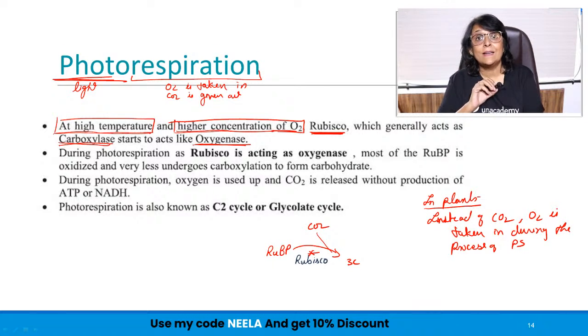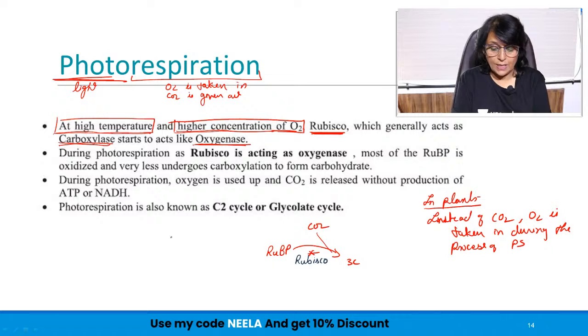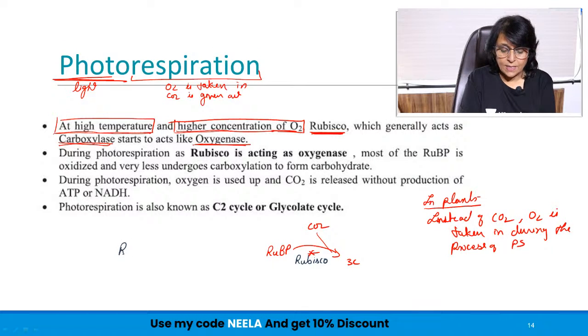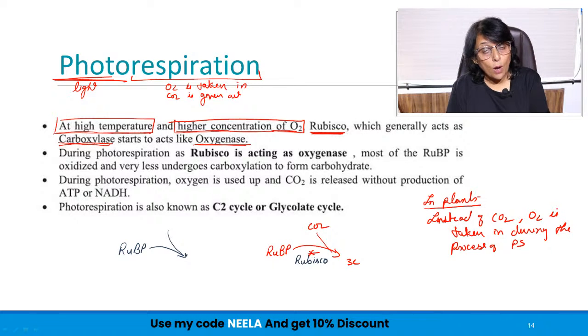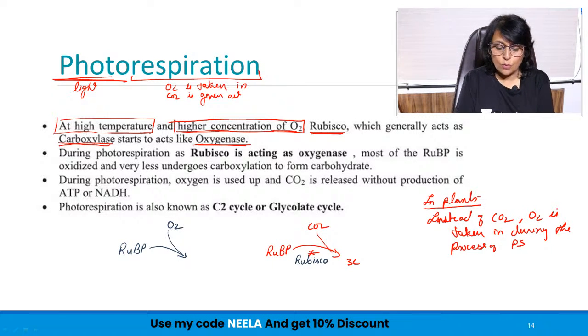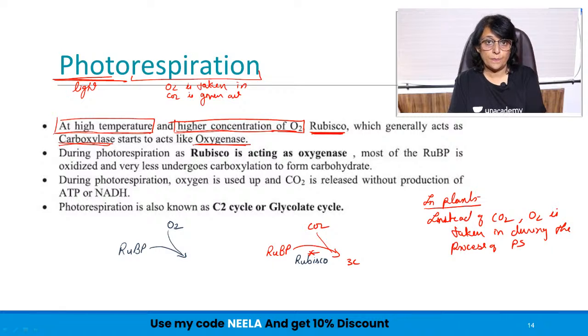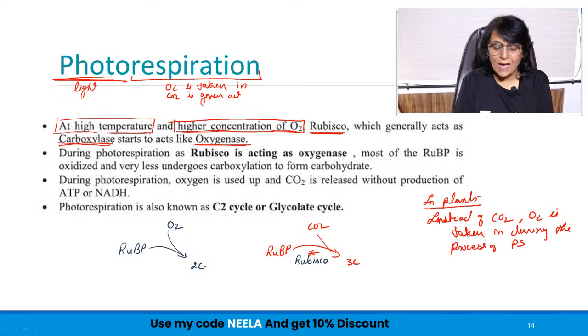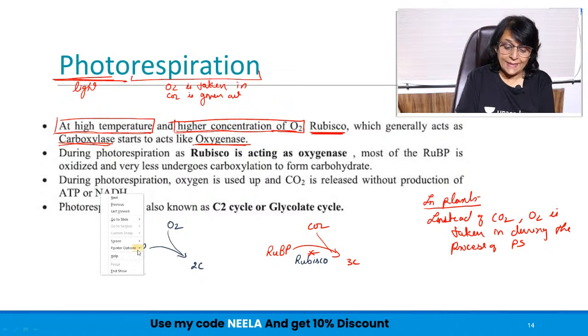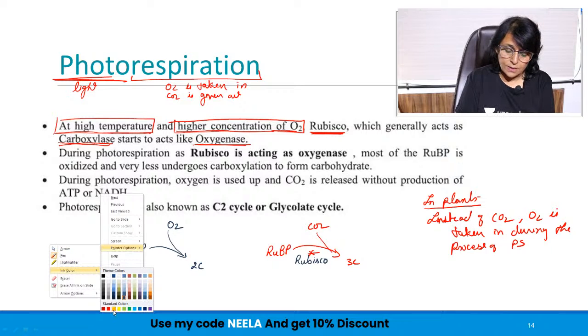If the conditions change, in that case RuBP, instead of undergoing carboxylation, undergoes oxidation. And here a 2-carbon compound is formed. The enzyme which is working here is the same, that is Rubisco.